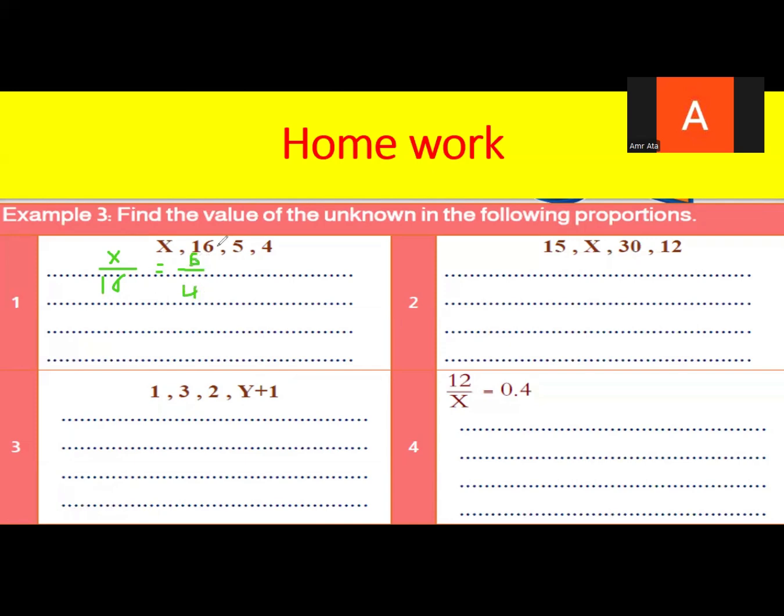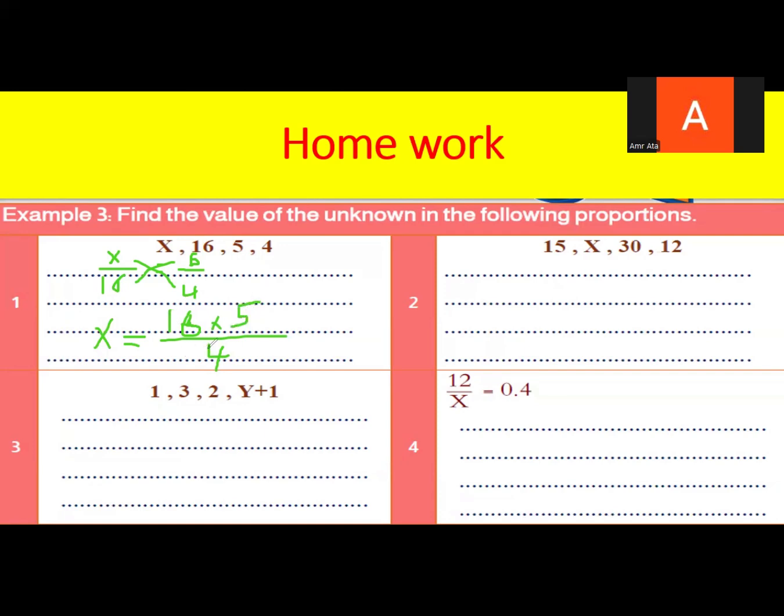So x over 16 equals 5 over 4. So I will do my cross multiplication, and x equals a fraction: the number which is opposite to x on the denominator and the others in the numerator, 16 times 5.